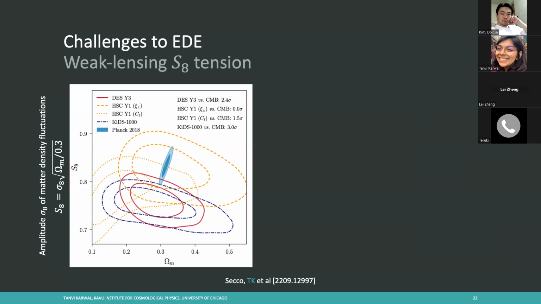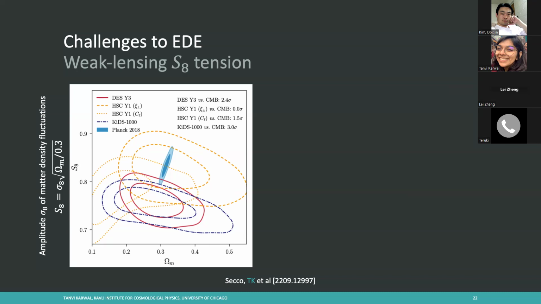S8 is a parameter that was constructed to capture the most constraining direction of weak lensing surveys. So this parameter doesn't really mean anything physically. It's just the best constrained direction for a specific kind of experiment. That is the CMB expectation from Planck 2018. And then these two contours, the red and blue ones, the ones I'll direct your eyes to, those two are from weak lensing surveys, which mildly or not so mildly disagree with the Planck CMB.